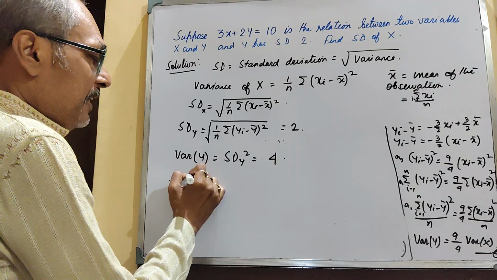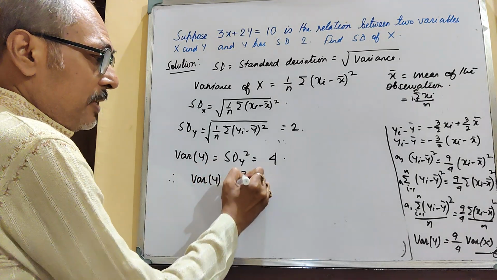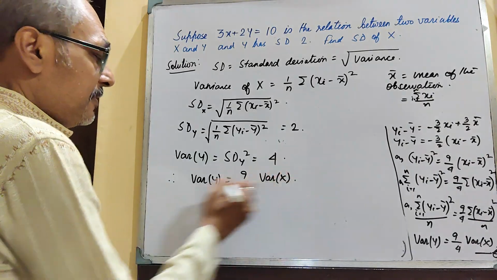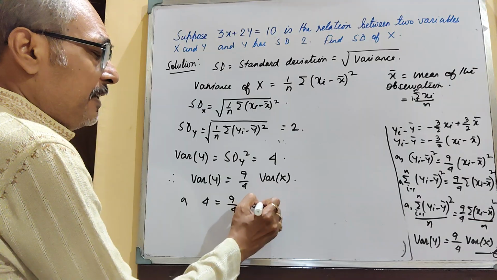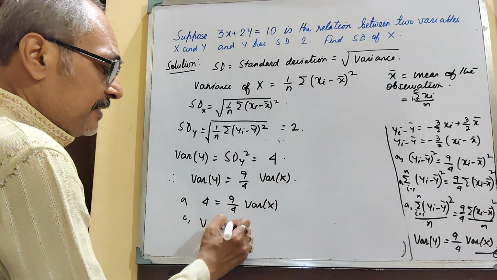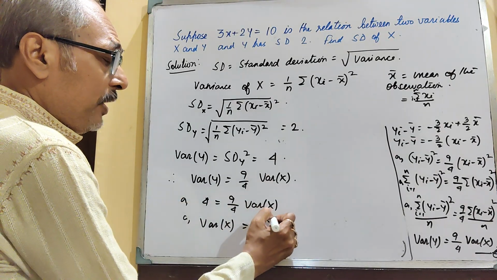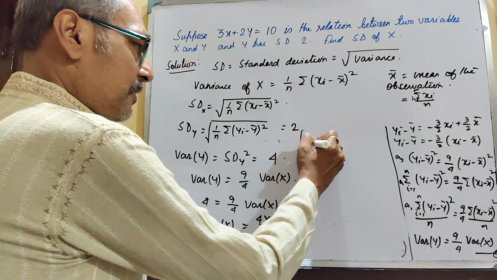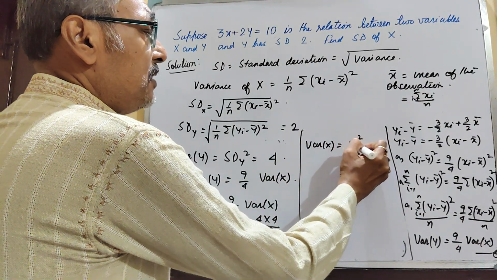Therefore, variance of y equals 9 by 4 variance of x, or 4 equals 9 by 4 variance of x. Therefore, variance of x equals 4 into 4 by 9, which is 4 square by 3 square.